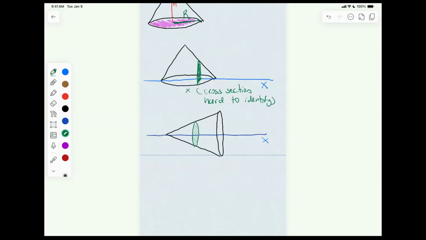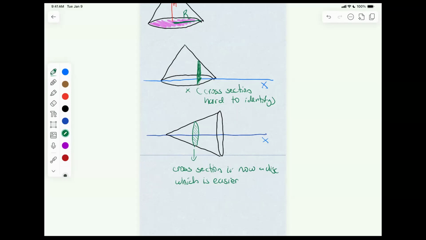Okay, is that making sense? So far so good.